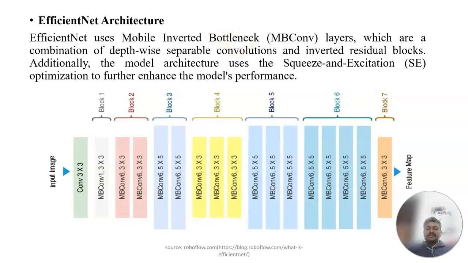The EfficientNet architecture mainly has mobile inverted bottleneck layers as well as squeeze and excitation layers, which have been used for optimization to enhance the performance of the network. This is block 1 and this is block 2, and there are a total of 7 blocks. In all 7 blocks, it has the mobile inverted bottleneck layers.